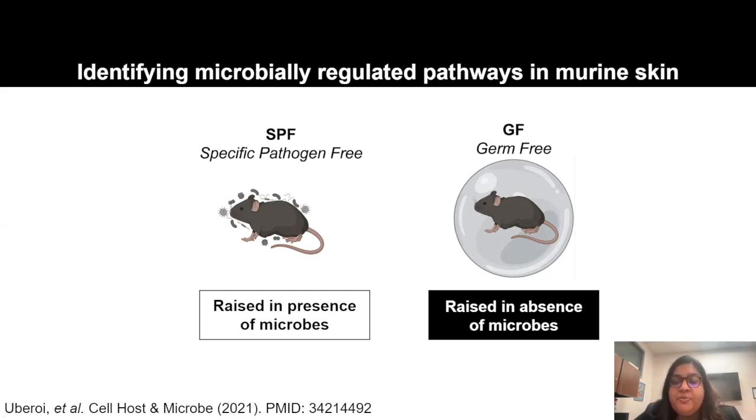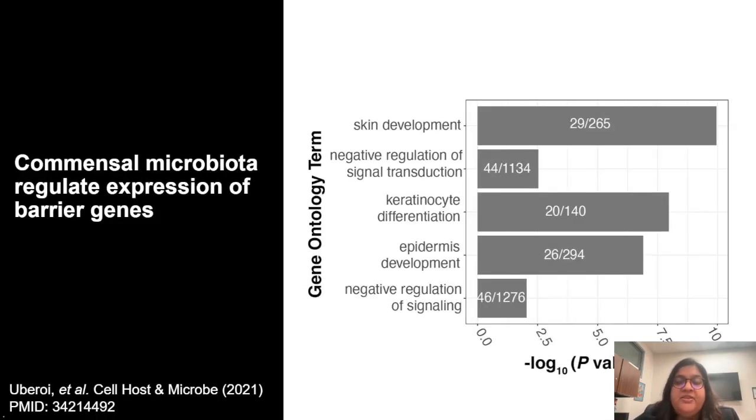And I made use of the powerful tool of germ-free mice, which are raised and generated in the absence of microbes, and basically compared the transcriptomically regulated pathways with that of specific pathogen-free mice, which are raised in the presence of microbes.